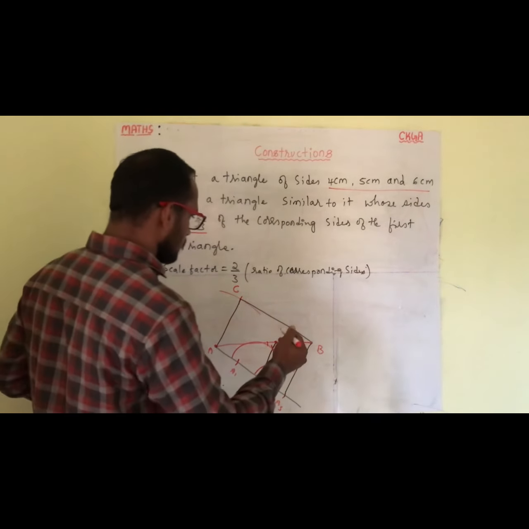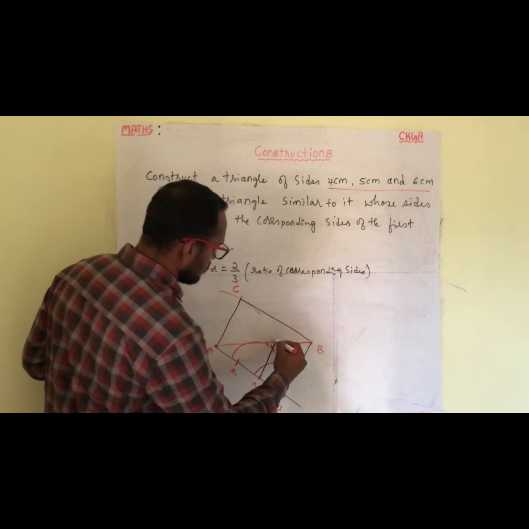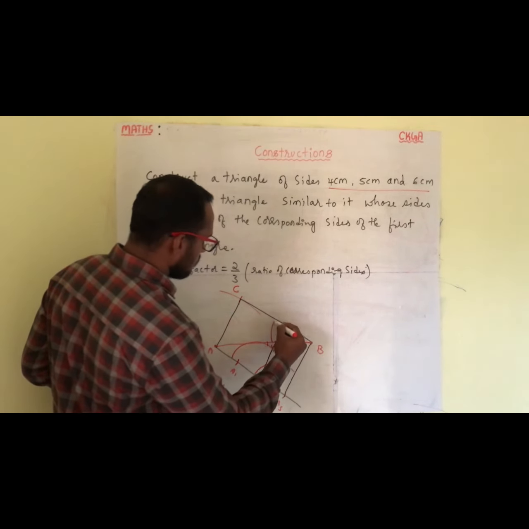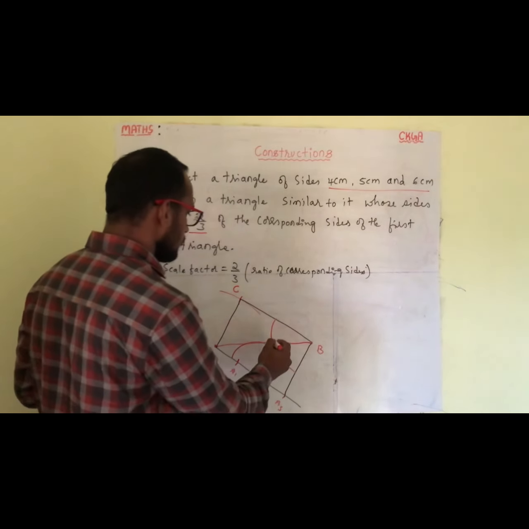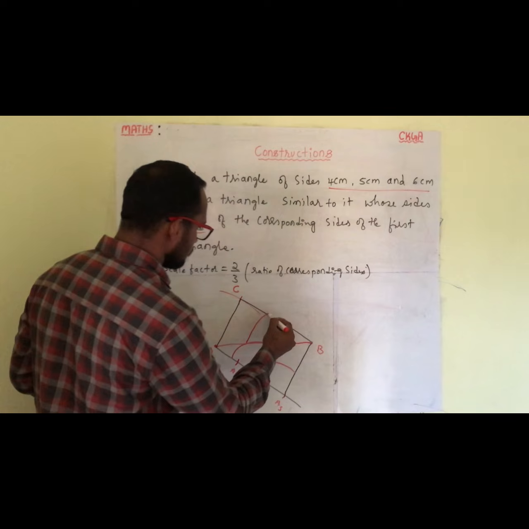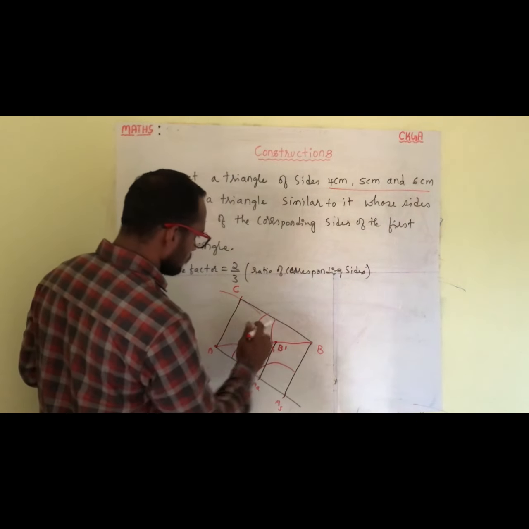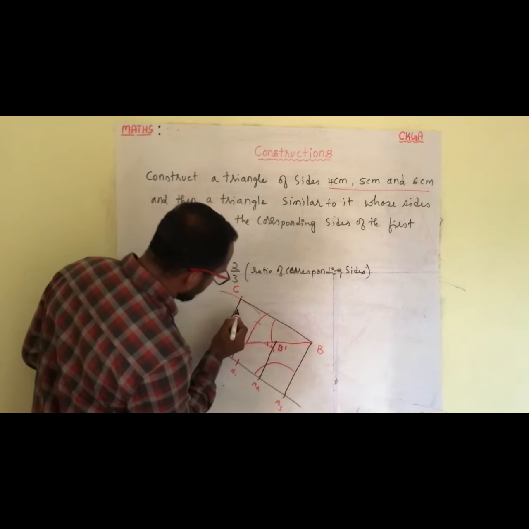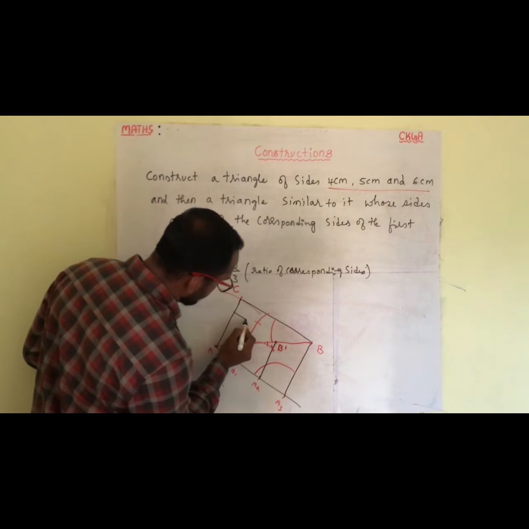Take this radius, keep at B, again draw like this, take this one and cut this one. At B you draw another parallel line. So I'm adjusting.